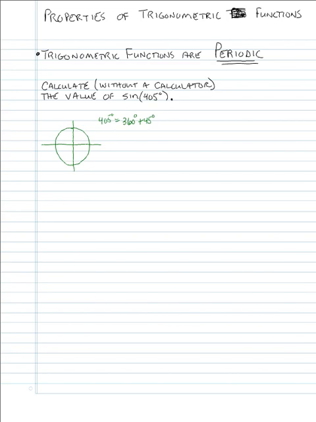So the 360 degrees takes us all the way around, and then 45 degrees more would put us right here, and so we would get to this position.